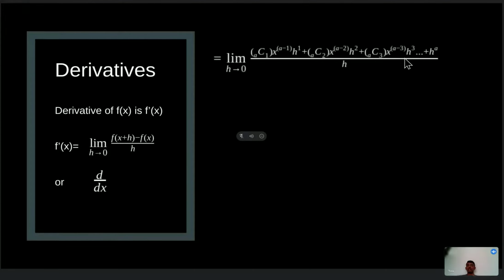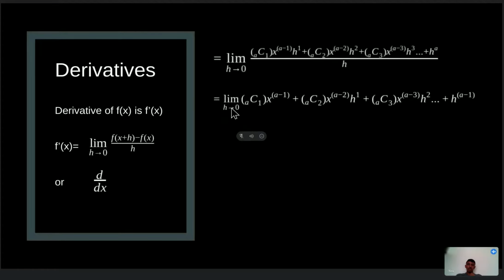We can also just say that we are factoring out one h from this and then canceling out with this h. So what we get is the limit as h goes to 0 of this. We have what we had before, except now this first term doesn't have any h, but all the rest do. And each of their powers has been reduced by 1. That's why we end off with h to the power of a minus 1.